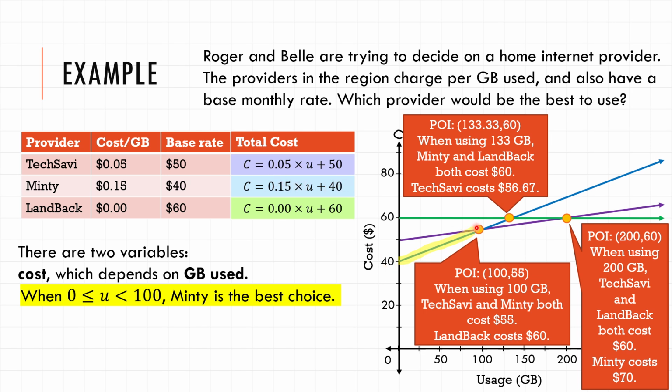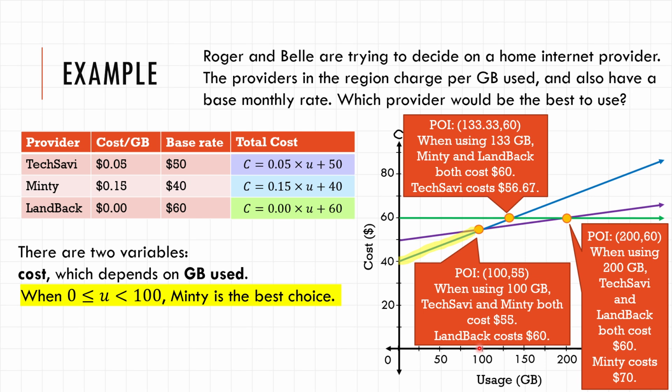Sure, it does increase. Eventually, it's going to pass the others. But when is it going to pass the others? It's going to pass them after you use 100 gigabytes. So if you don't use a lot of internet every month, if you use less than 100, then we can see that Minty is the best choice.